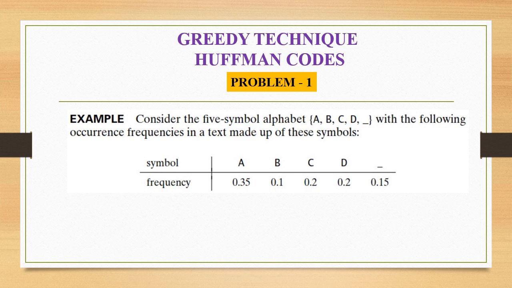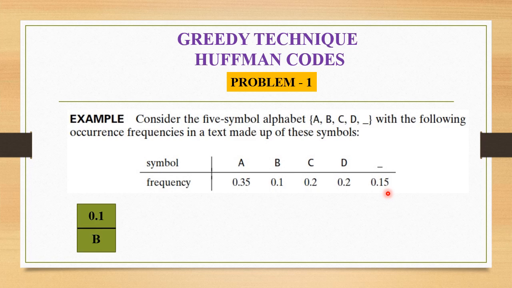In the example, they have given 5 symbols: A, B, C, D, and an underscore, along with their frequencies of occurrence. A is 0.35, B is 0.1, C is 0.2, D is 0.2, and underscore is 0.15.